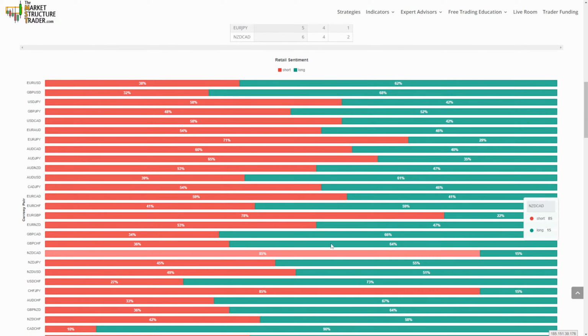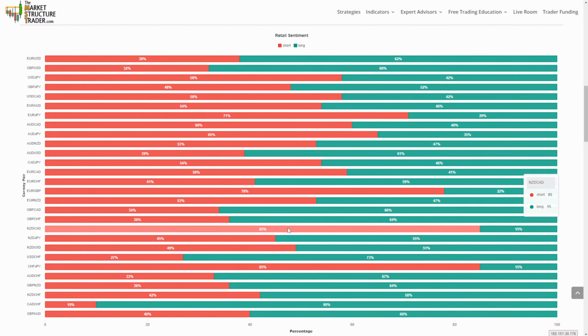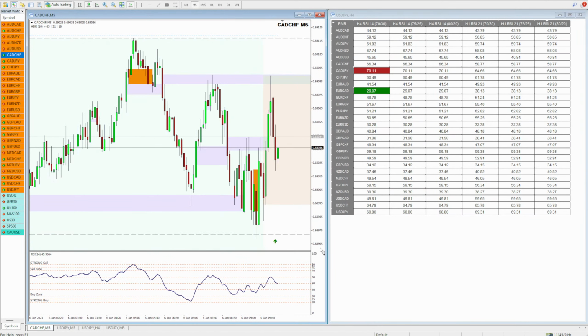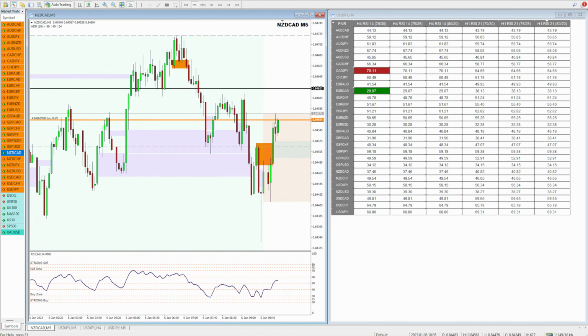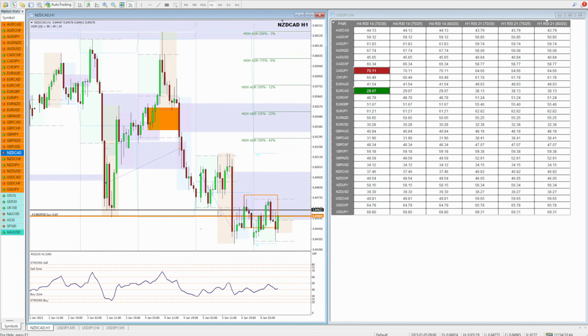But from a sentiment perspective, New Zealand dollar CAD is still massively short. I've got my New Zealand dollar CAD long on, waiting at the minute. Just going back into positive territory, but we've not really had any movement, have we? New Zealand dollar CAD has been long for ages.